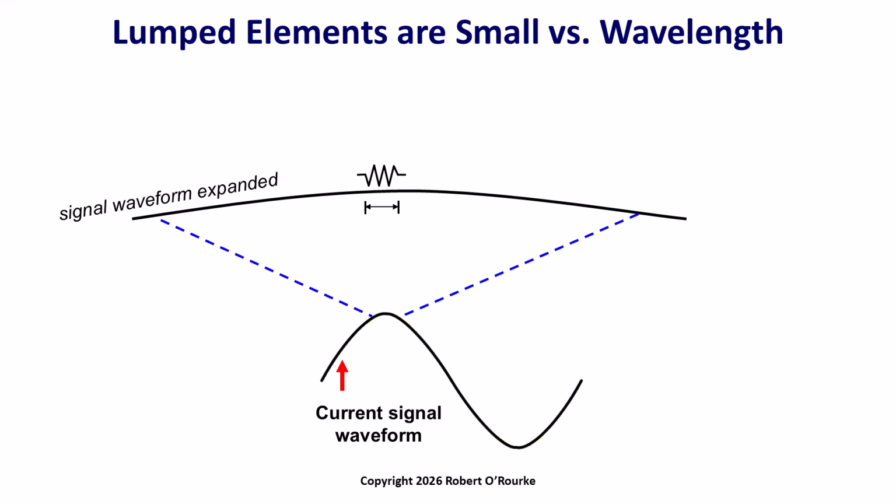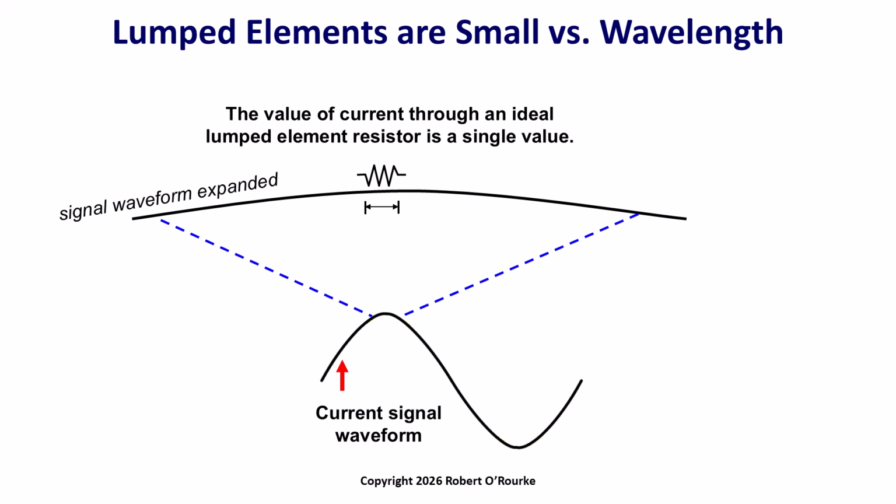The short section of the expanded signal near the resistor doesn't vary much in amplitude over the representative horizontal size of the resistor shown. We want the circuit element size to be small in comparison to the wavelength of the signal in order for lumped element modeling to be valid and accurate.